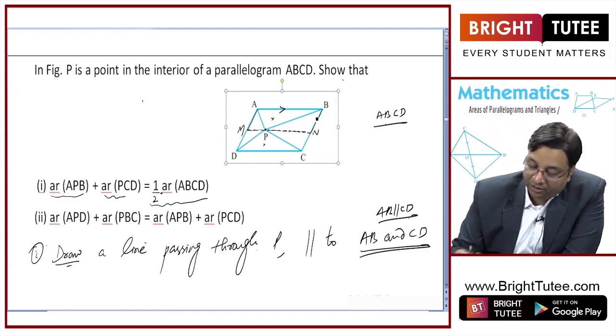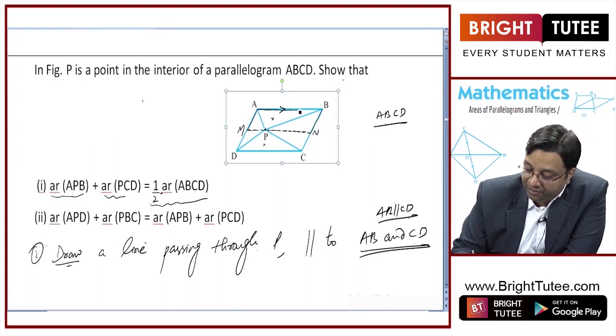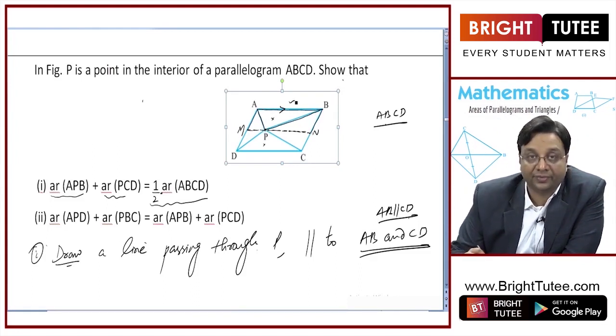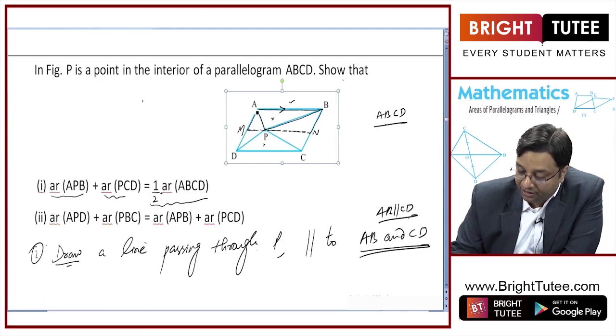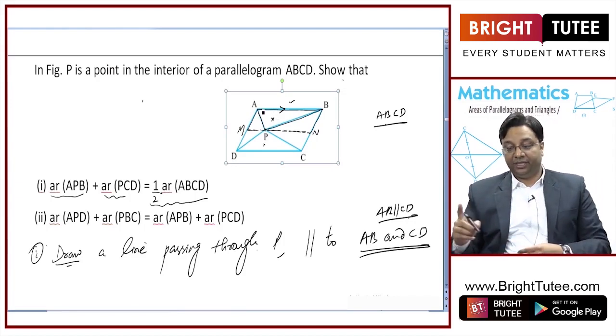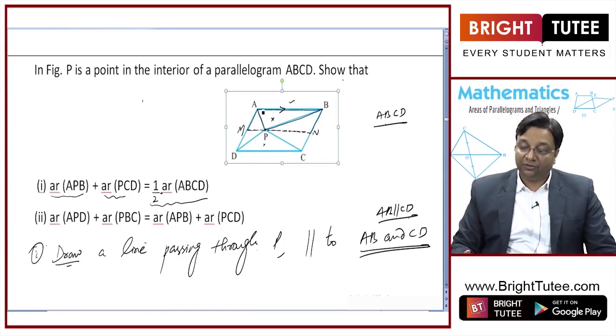Now, if you notice, ABP is a triangle with same base AB, with this parallelogram ABNM, and between the same parallel lines AB and MN. So, this triangle ABP will have area equal to half the area of parallelogram ABNM. That is the purpose of drawing this line.